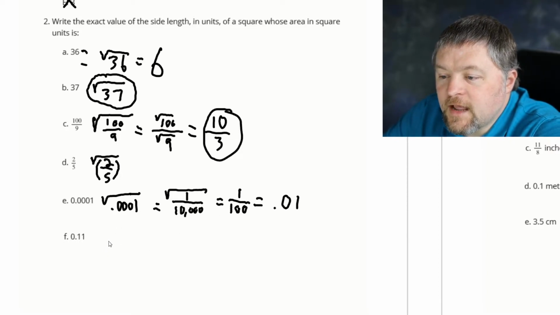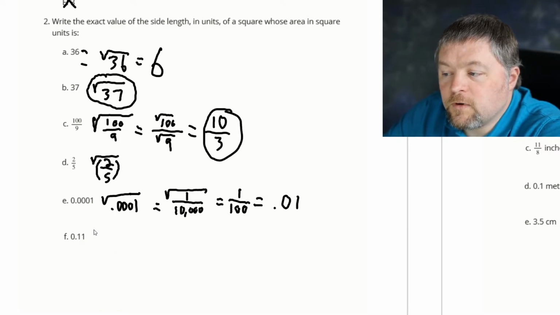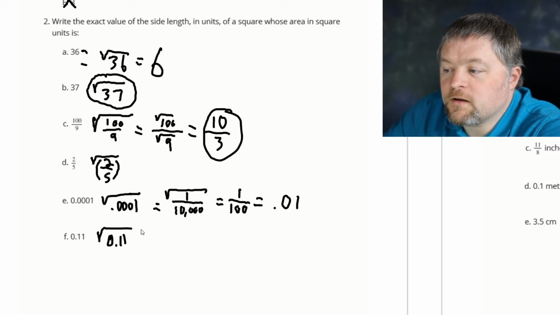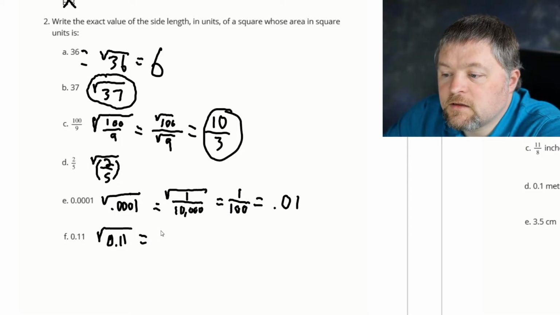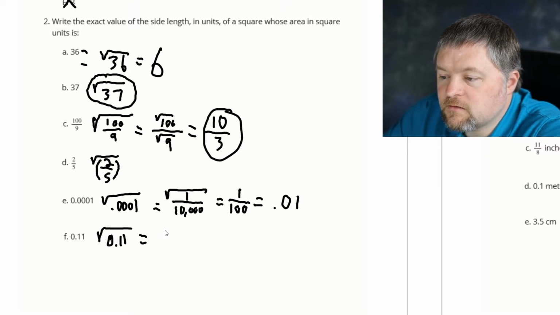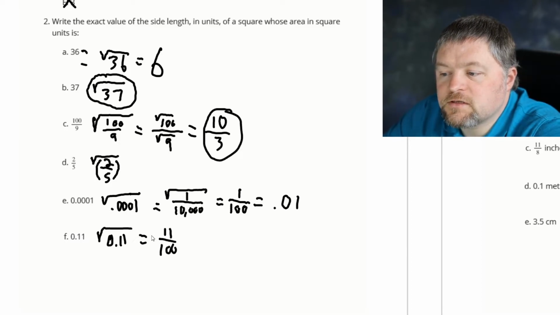Now our next one, this one is the square root of 0.11. 0.11 is 11/100ths.